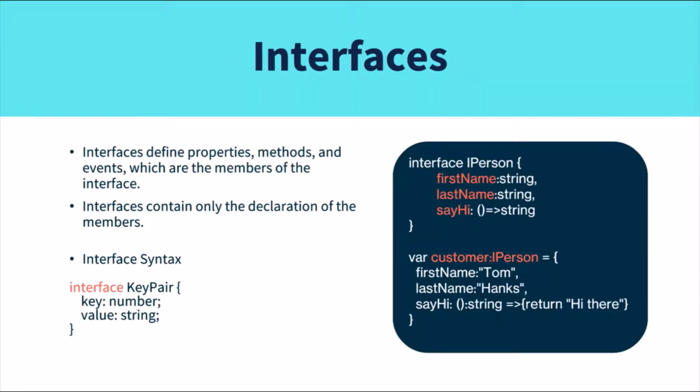Interfaces. Interfaces define properties, methods, and events which are the members of the interface. Interfaces contain only the declaration of the members. Interfaces are similar to classes, but we need not define the whole hierarchy the way we define a class.